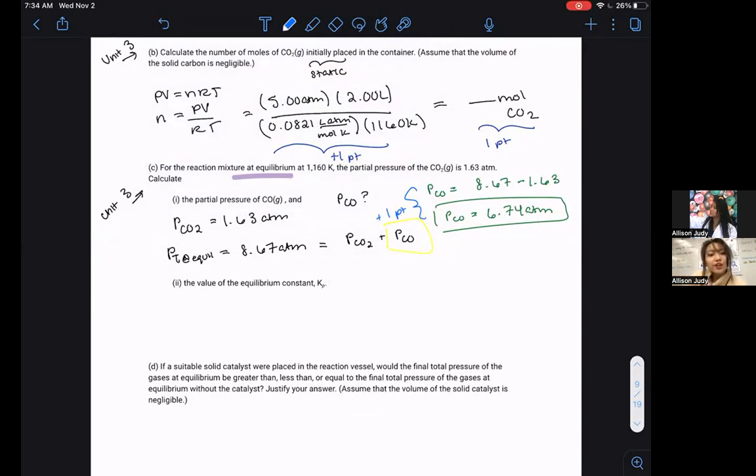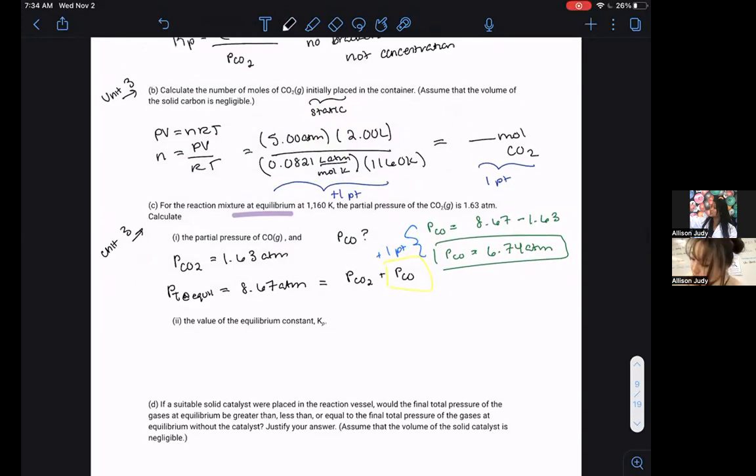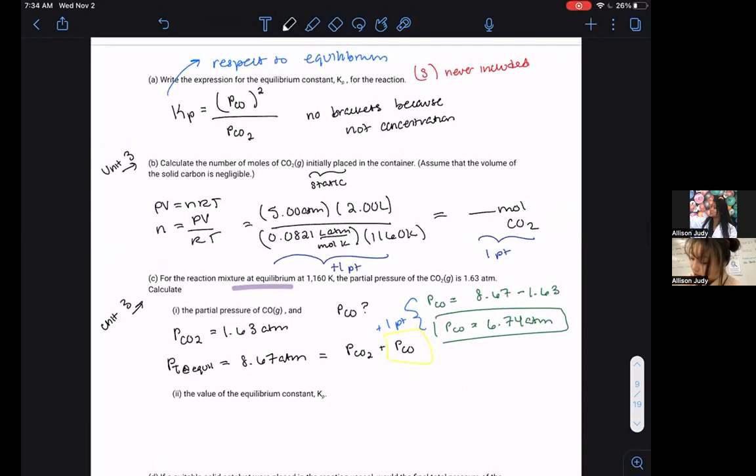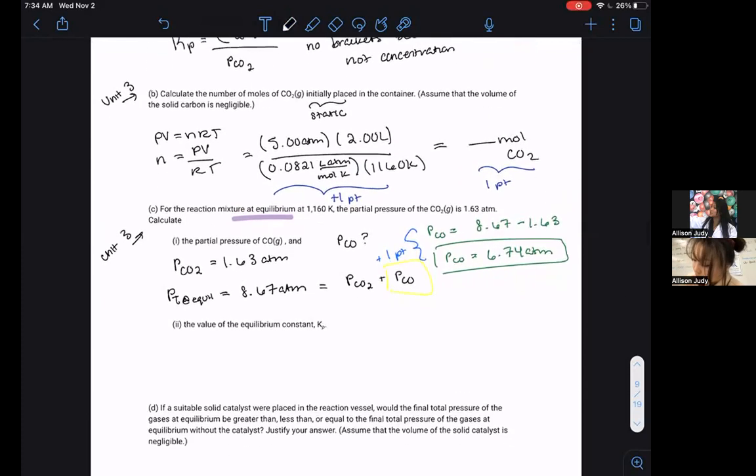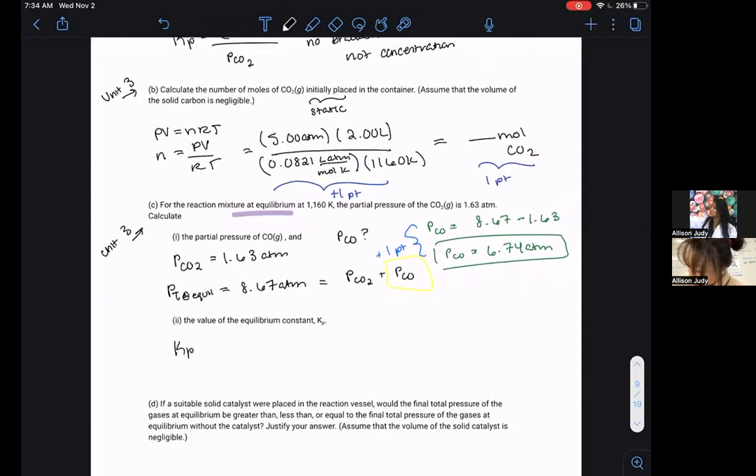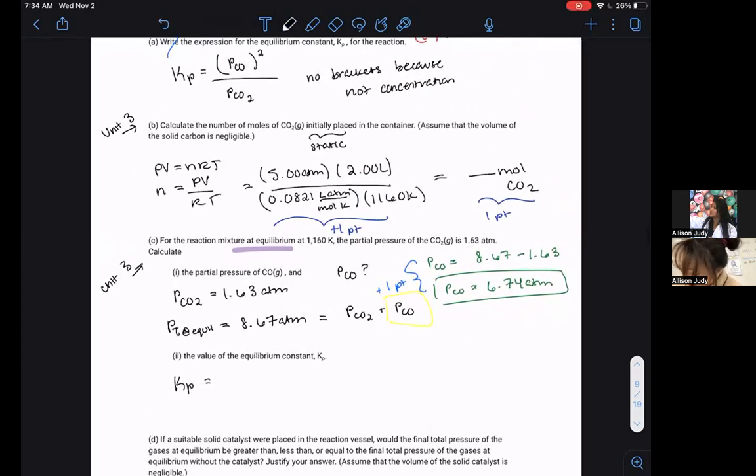For part 2 of this question, it says to determine the value of the equilibrium constant in terms of pressure. You now have your partial pressures at equilibrium, so you plug in using part A your equilibrium expression, in which Kp equals the partial pressure of CO at equilibrium squared divided by PCO2.